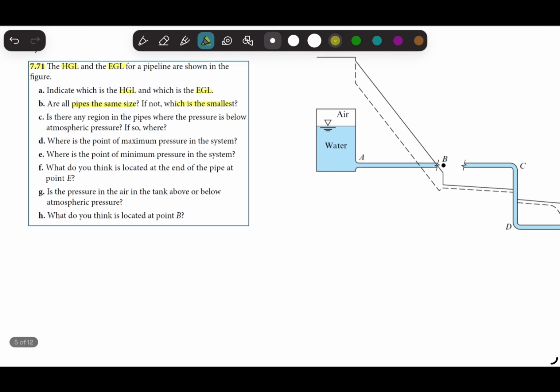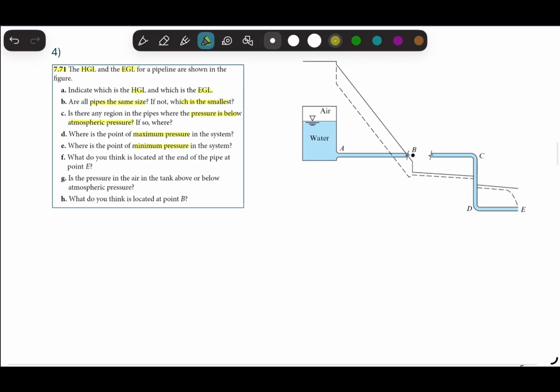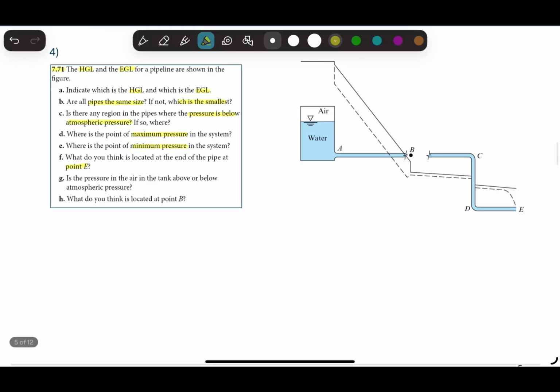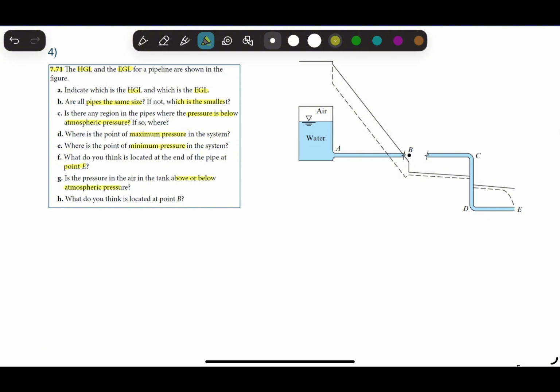Is there any region in the pipes where the pressure is below atmospheric pressure? What is the point of maximum pressure and minimum pressure? We also need to find what is happening at point E, and if the pressure of the air in the tank is above or below atmospheric pressure. And what do you think is located at point B?